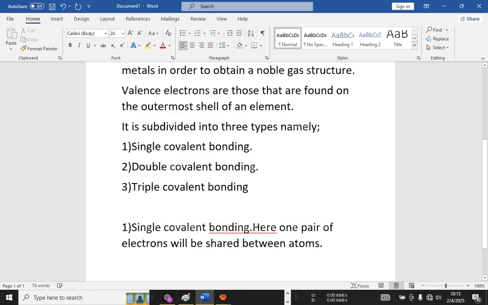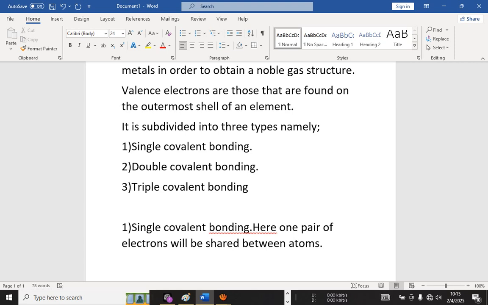And what you should know here, when we are dealing with single covalent bonding, is that only one pair of electrons will be shared. You must consider the valence, because the valence will give you the number of electrons that are going to be shared.